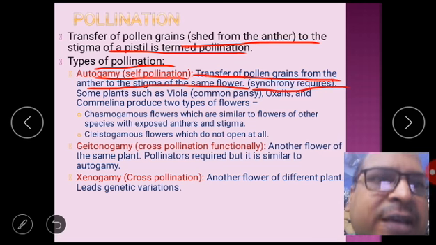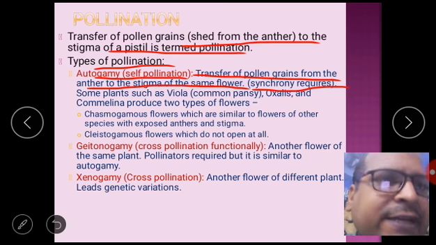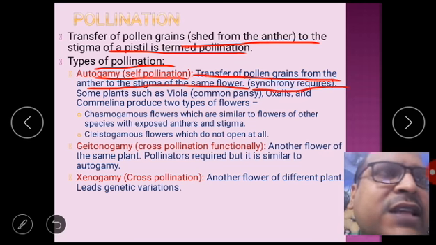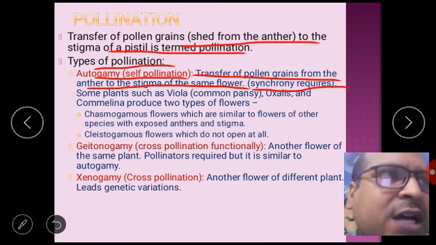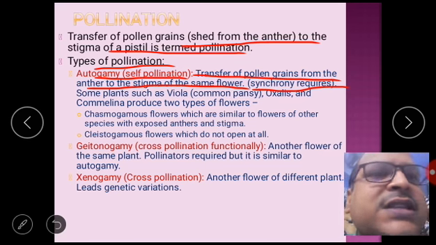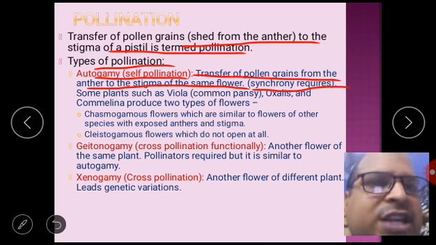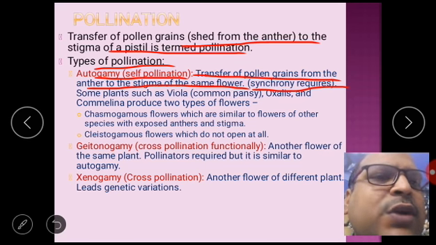So the anther and pollen grains will be ready, and at the same time the stigma, style and ovary will also be ready. The anther will release the pollen, it will come to the stigma, and the stigma will accept it. So this is just like self-pollination. Examples are viola, oxalis and commelina.